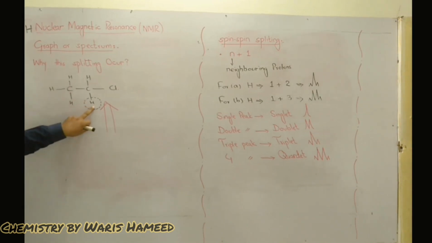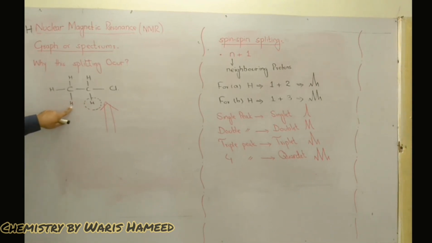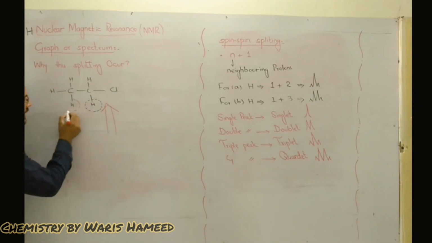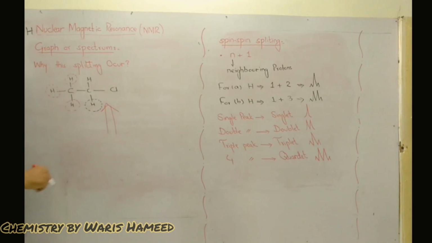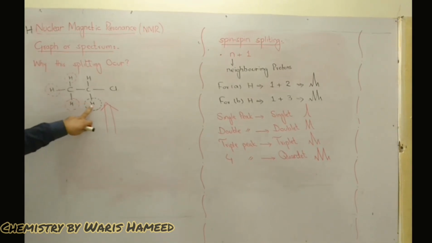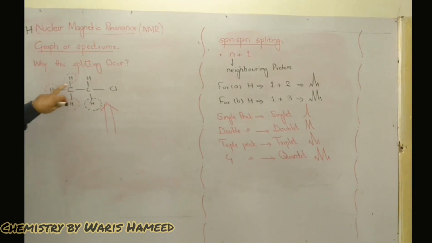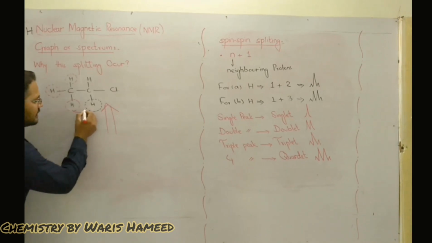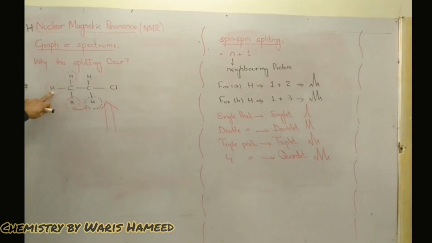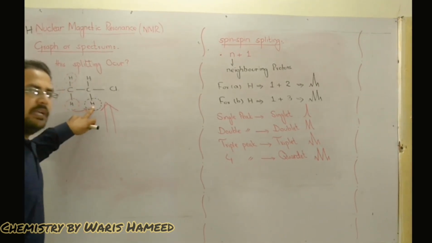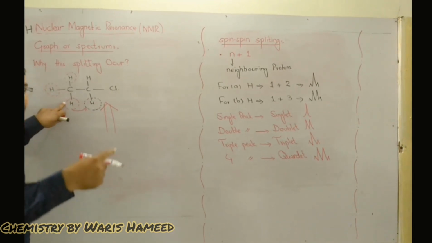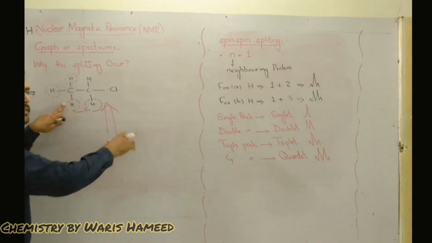Now this proton is facing the external field, and the neighboring protons also have a field around themselves. So their fields will also affect this proton. Each neighboring proton's field will cause another peak. So these 3 protons are causing 3 peaks.